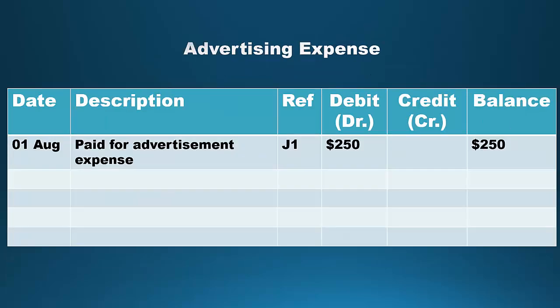Date, write the date of the transaction, August 1. 2. Narrative, add the narrative, paid for advertisement expense. This explains what happened. 3. Reference. Include the journal reference, J1, meaning this transaction came from the first page of the journal. 4. Amount. Enter the amount $250 in the debit column because expenses increase on the debit side.